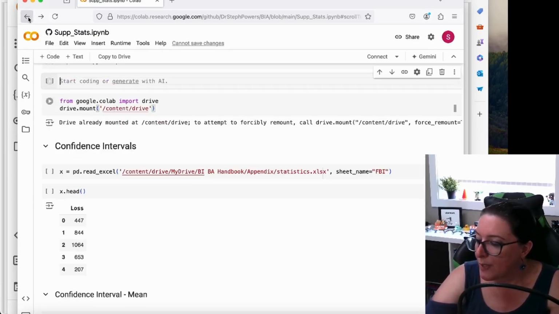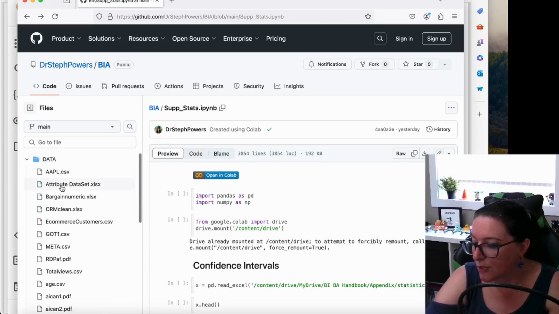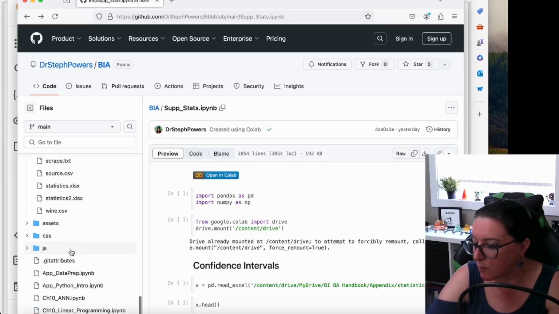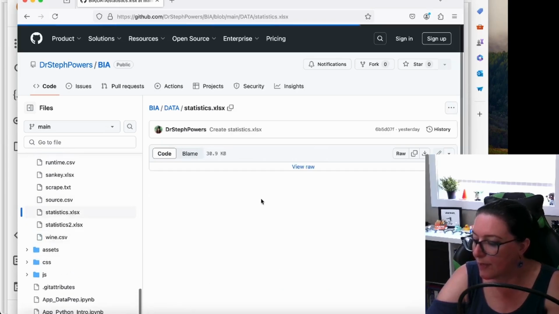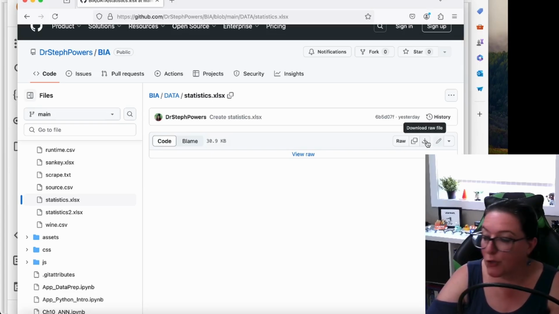You will also need the data sets, which you can find here under data, stats, and stats 2, or where we've been living. So you go here, you download it with that button there and save it, dump it into your Google Drive.